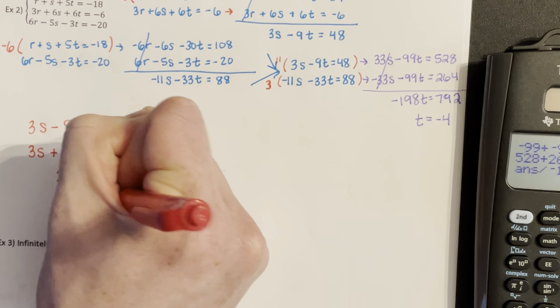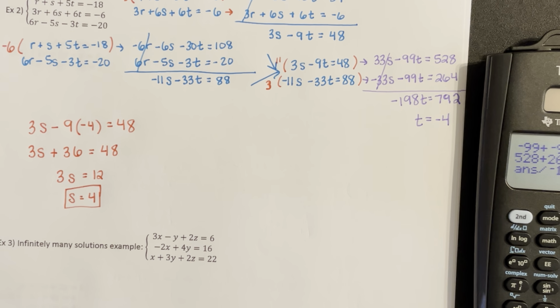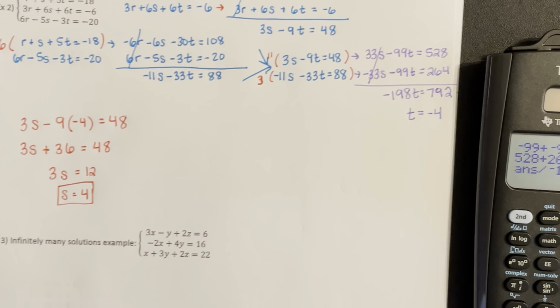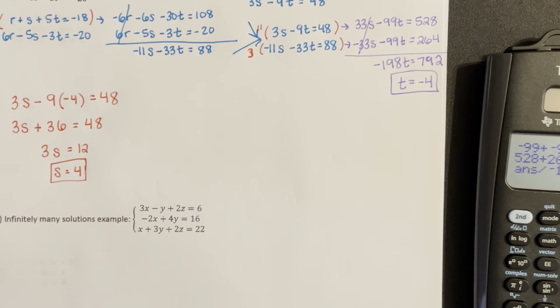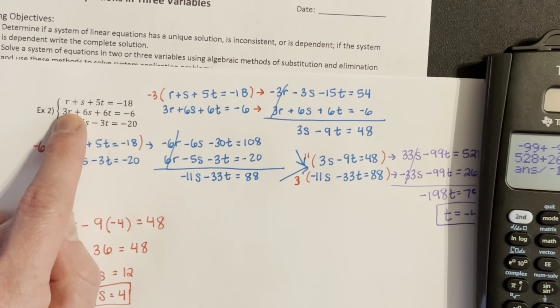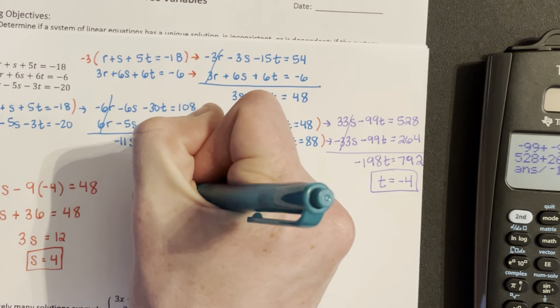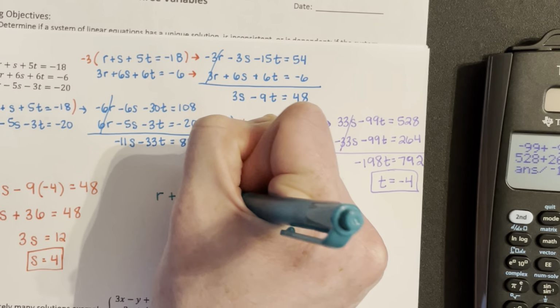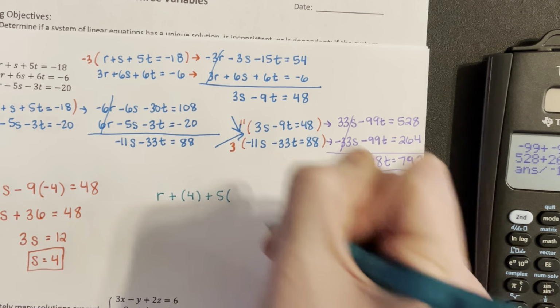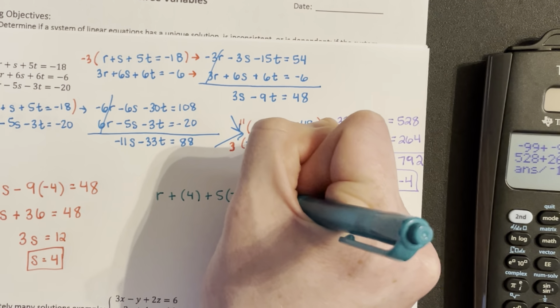So s is 4. The last thing we want to do is plug both of those in, t and s, into one of the originals. It doesn't matter which one, but if I do it in the first one, I don't have to divide by anything for r. So we just have r plus s, which is 4, plus 5 times t, which is negative 4, equals negative 18.